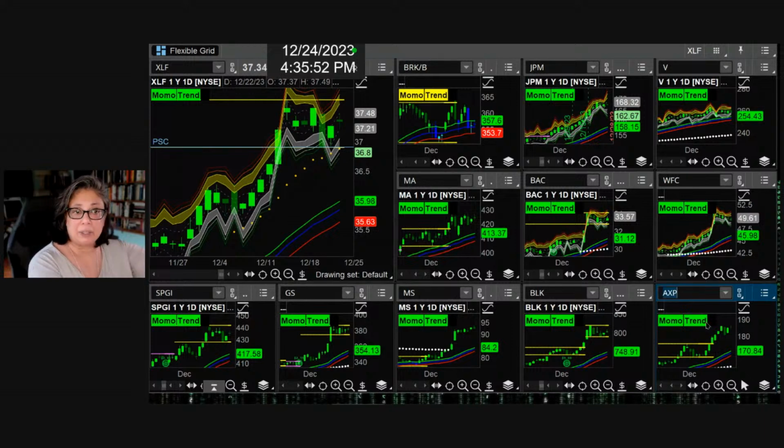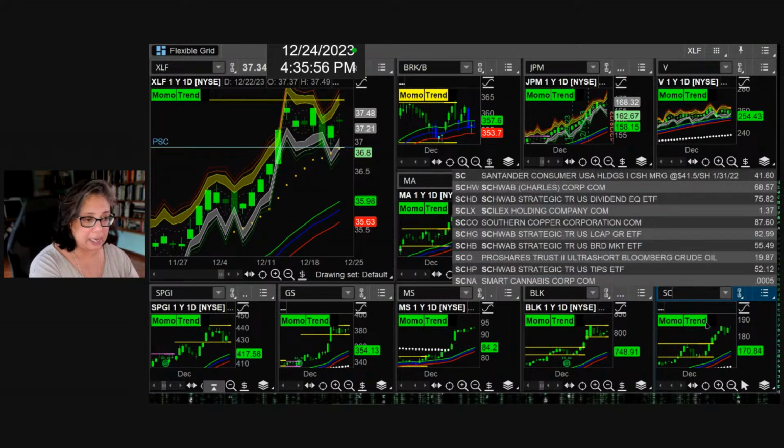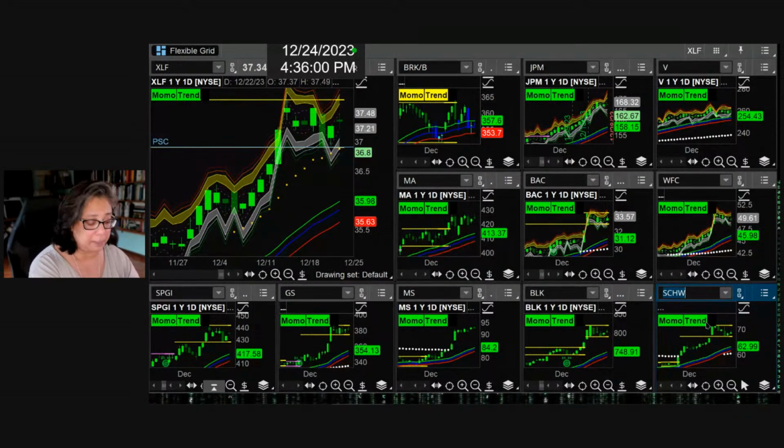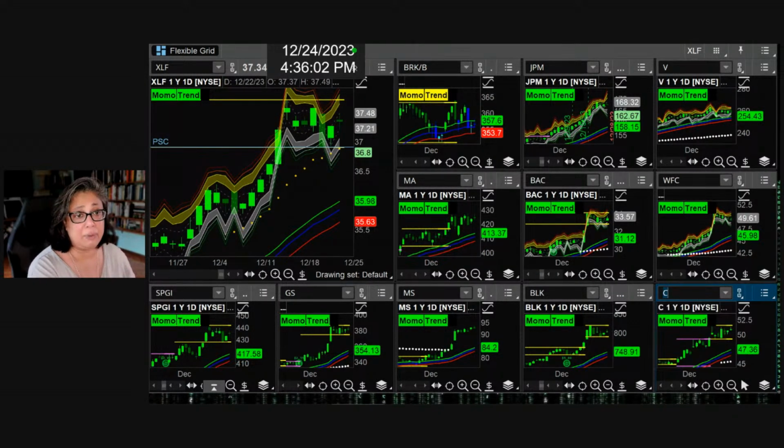Once you get down to those lower weighted stocks, there are a bunch down there, whether that be American Express in an uptrend, Schwab in an uptrend, Citi, what we mentioned before, in an uptrend, or Marsh McLennan, not in an uptrend, right? So we have to be specific.